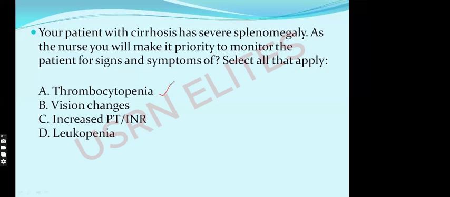Bleeding. Okay, the person will tend to bleed. Yes. So when you have liver cirrhosis, factors that help to create clotting factors, or platelets, wouldn't be produced, and patients will have bleeding issues.